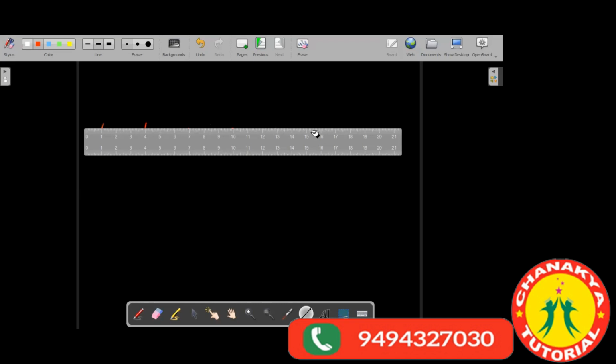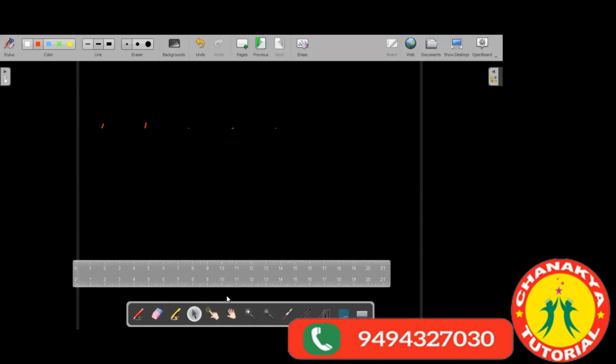So I'm taking 3 centimeter of difference. So let's take this one, our optic center, F1, 2F1, F2, and 2F.